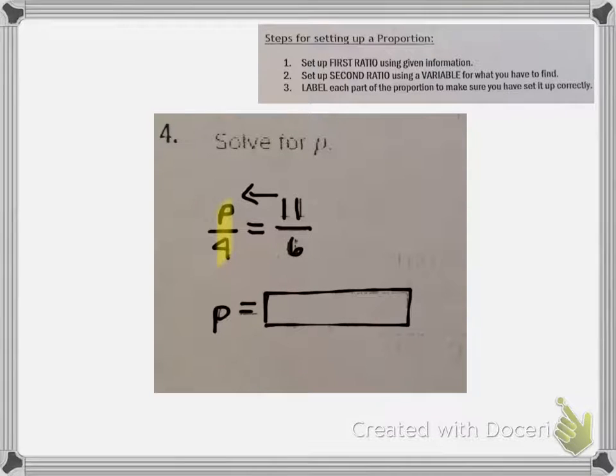Here I want to look, where do I have numbers on both sides? That's the bottom. So how do I get from 6 to 4? What times 6 gives me 4? Well, I'm unsure of that, so I want to come over to the side, and I want to divide. You divide what you're getting to, which is inside, over what you are using to get there, which is on the outside.